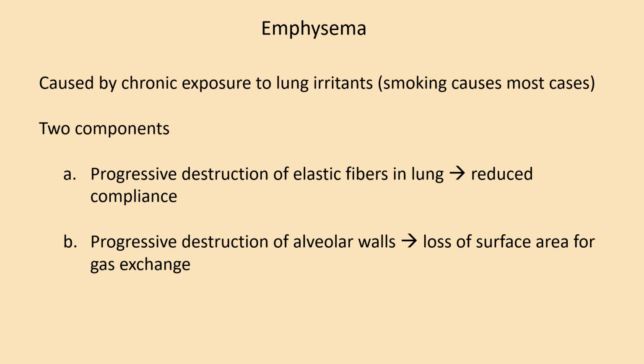Chronic means you have it for a long time, and progressive means it tends to get worse over time. In emphysema, particulates that get into the lung tissue that shouldn't be there lead to the formation of scar tissue, and they lead to the destruction of alveolar walls.